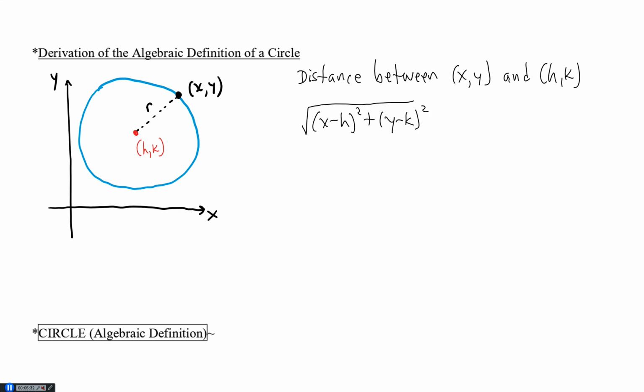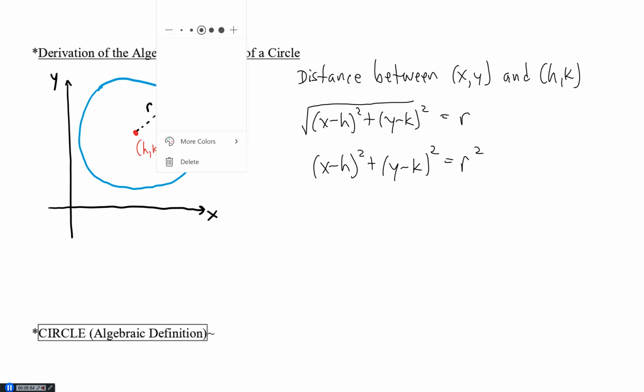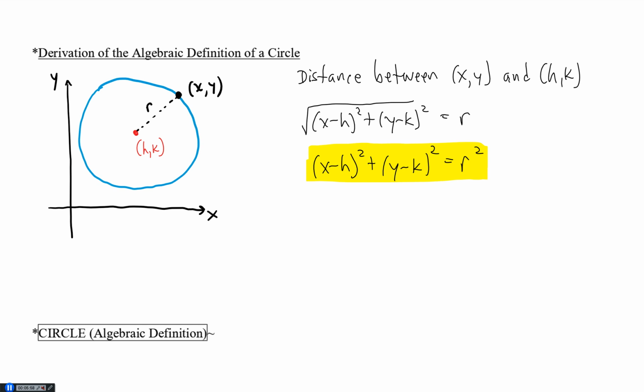We've called it r. So if we square both sides just to remove the radical, so we don't have to write the radical, we get the common representation of a circle on the coordinate plane.